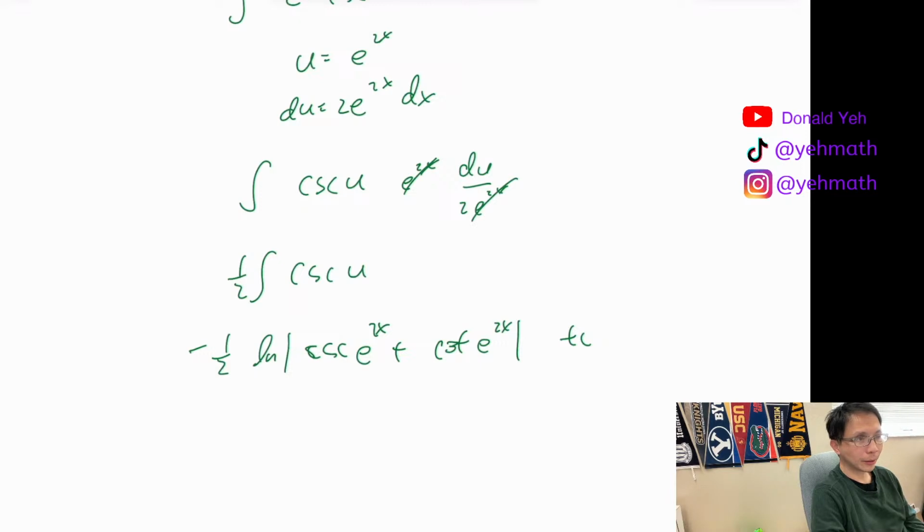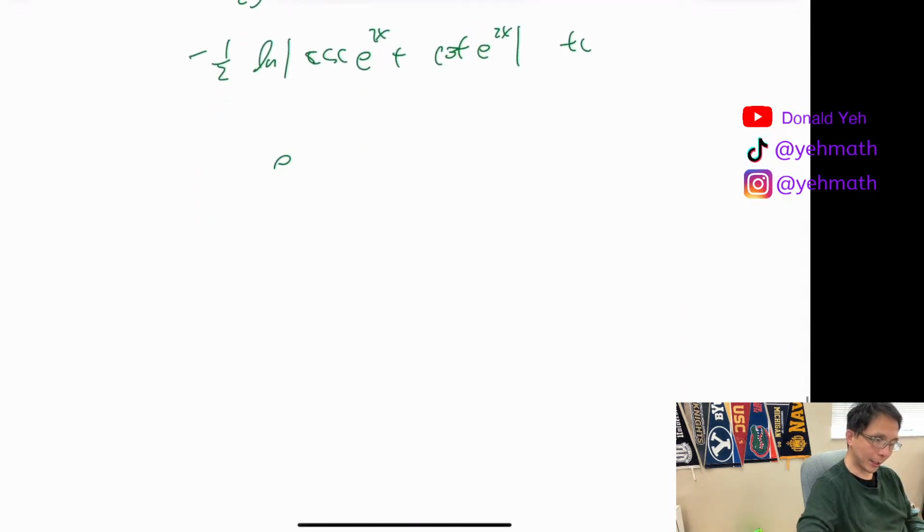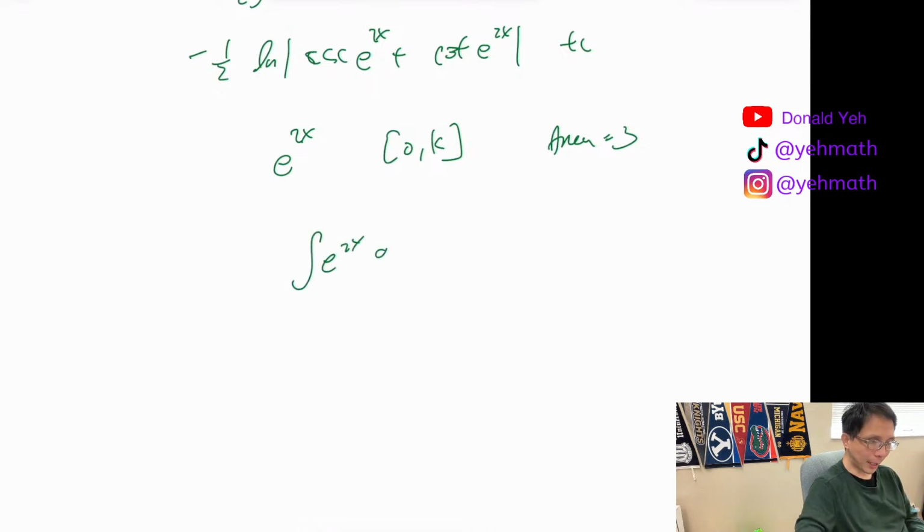Next question. Okay, I want to go over that one question from yesterday. Remember, they say e to the 2x from 0 to k. The area is equal to 3. I think that's what the question was, right? e to the 2x dx between 0 and k is equal to 3.